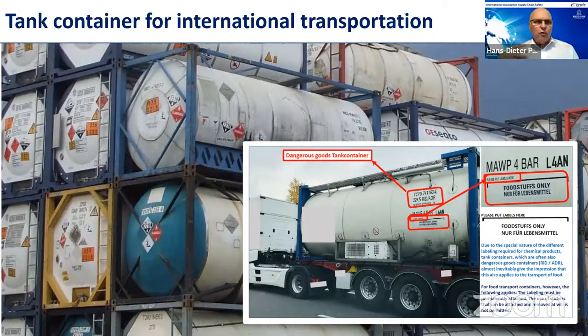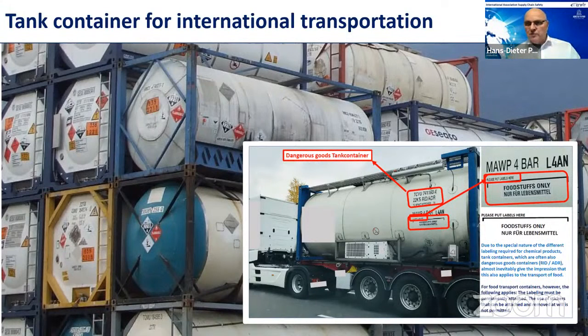Is it explosive or is it a toxic product, whatever? But on the other hand, sometimes when they do not have the right containers, they remove all these stickers and put on, I have seen this on the Autobahn here in Germany, the sticker foodstuff only, and then they use it for foodstuff.